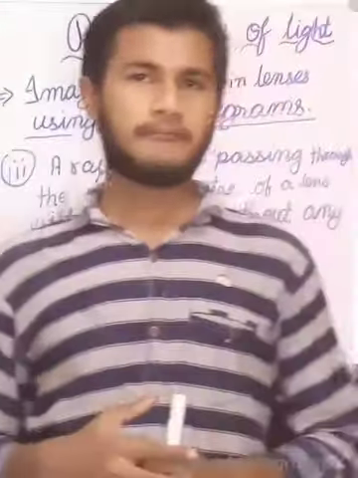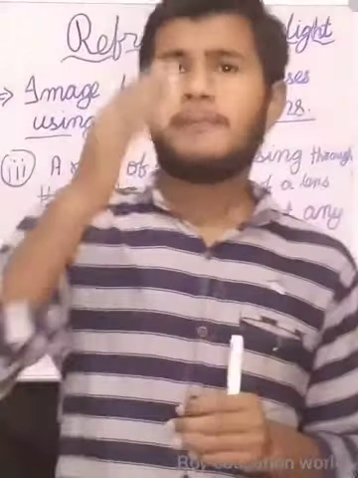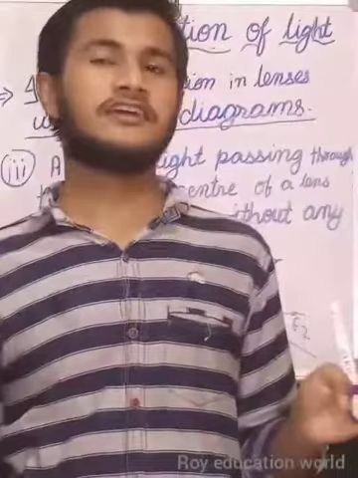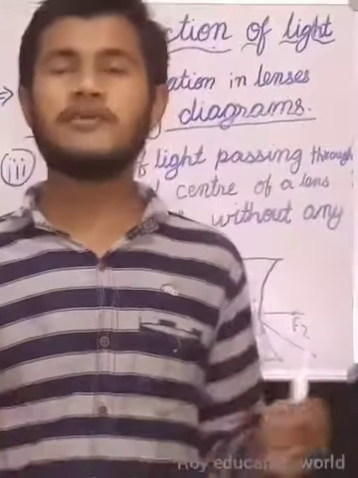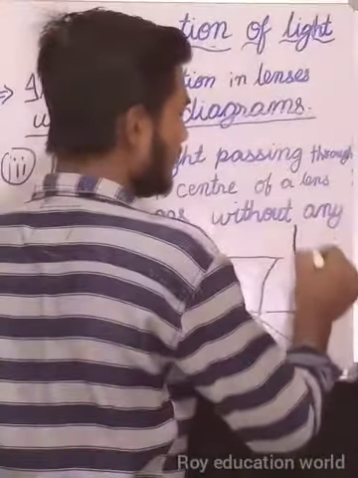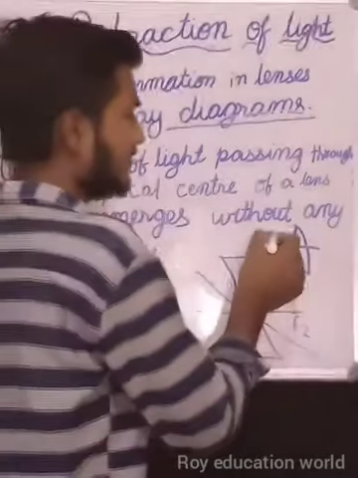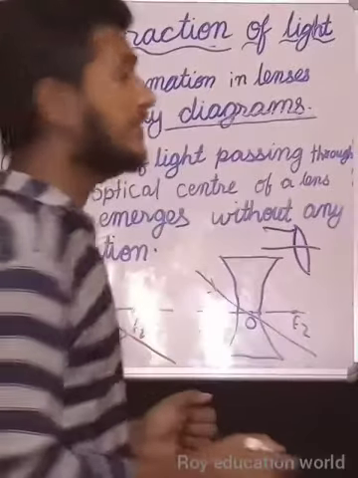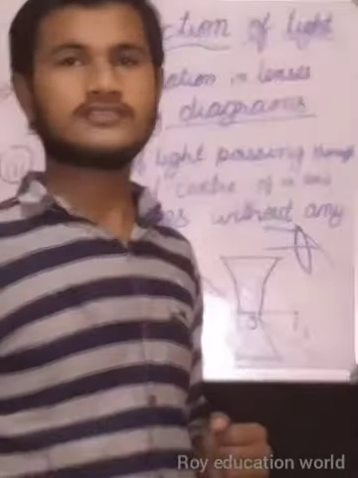Let us see the third rule for ray diagrams. When a ray of light passes through the optical center, after refraction it will emerge without any deviation. We saw that when a ray comes parallel to the principal axis, after refraction it deviates and cuts the principal focus.